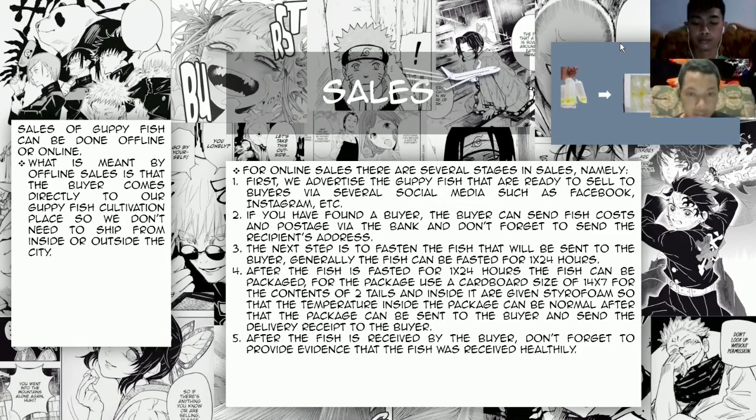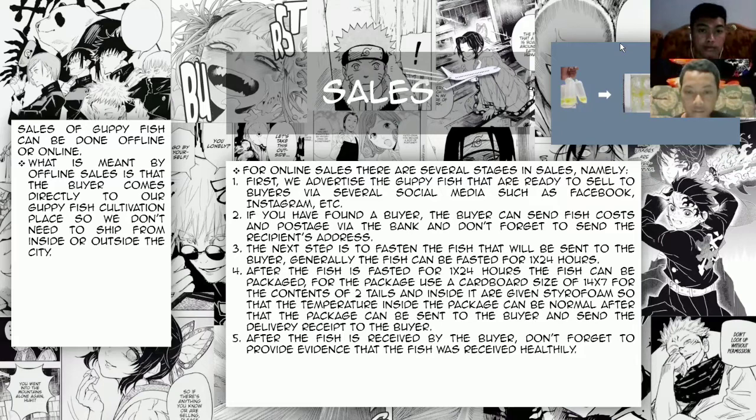The next step is to test the fish that will be sent to the buyer. Generally, the fish can be tested for 24 hours. Fourthly, after the fish is tested for 24 hours, the fish can be packed.